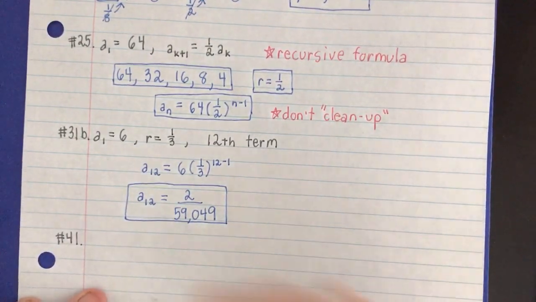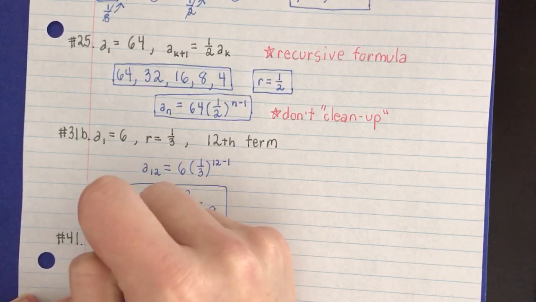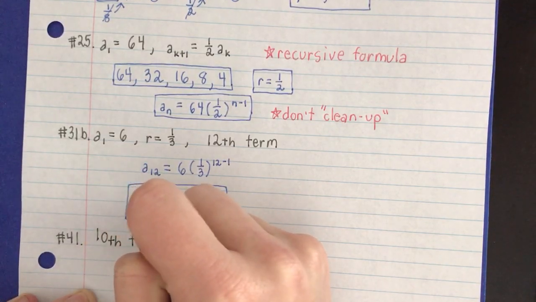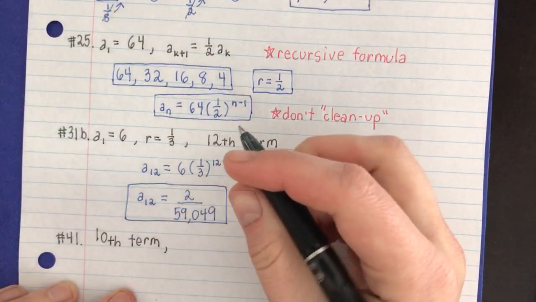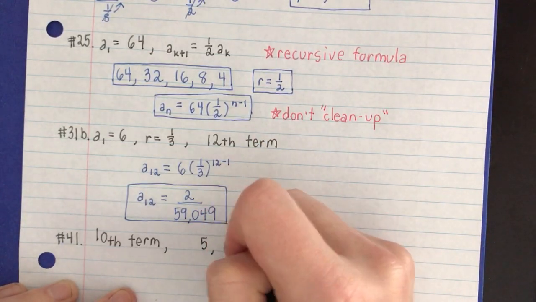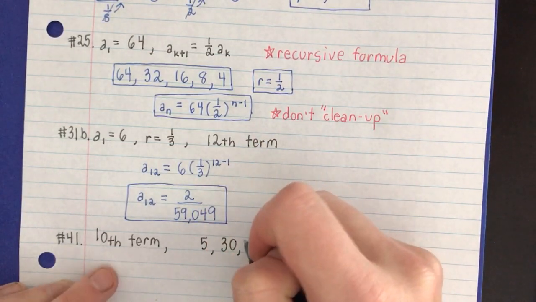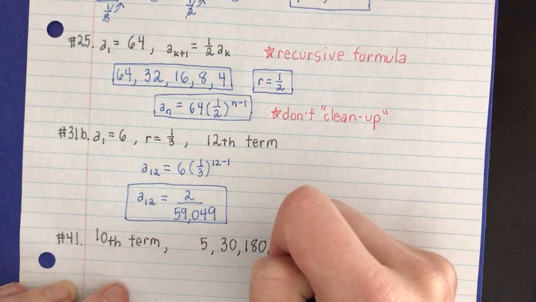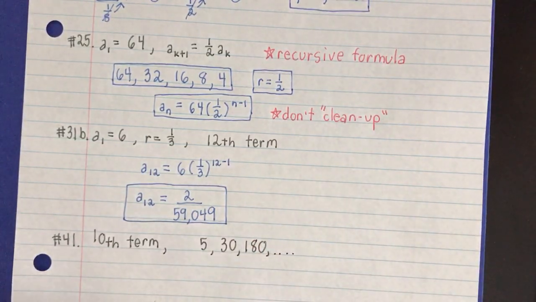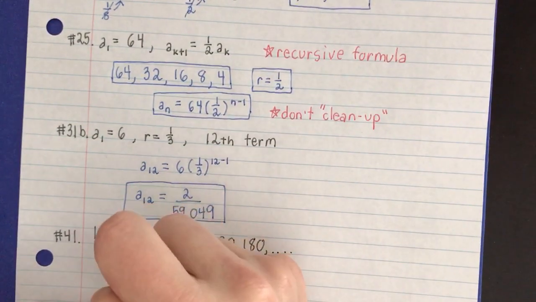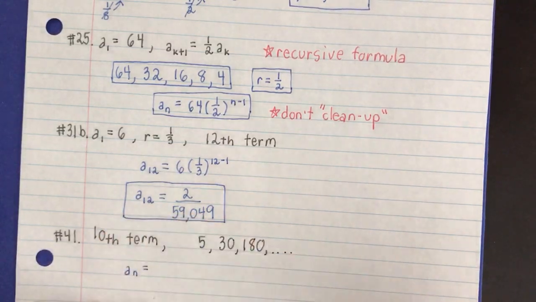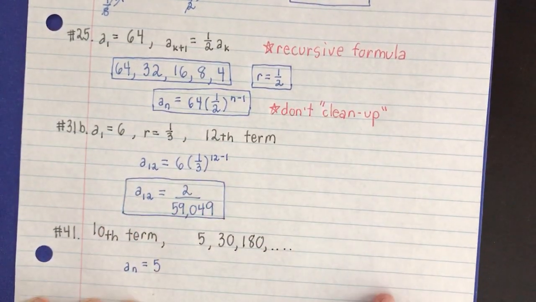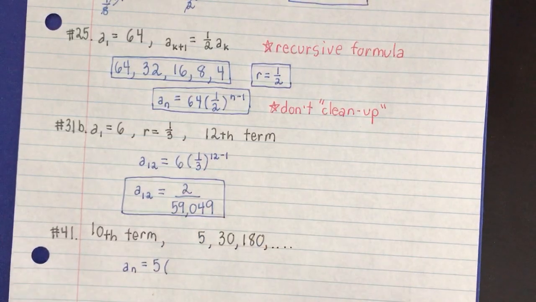So we want the 10th term, and the sequence goes 5, 30, 180, etc. So a sub n should equal 5, that's our first term, times our common ratio.